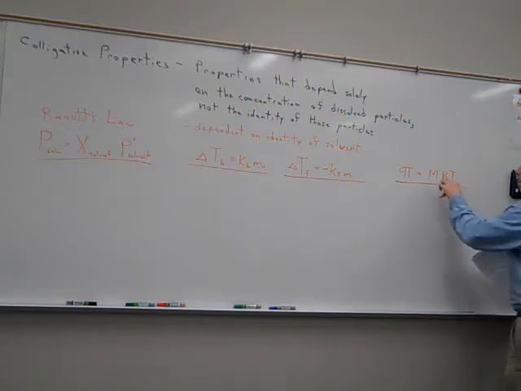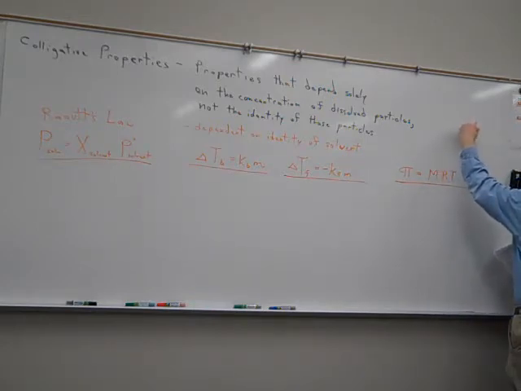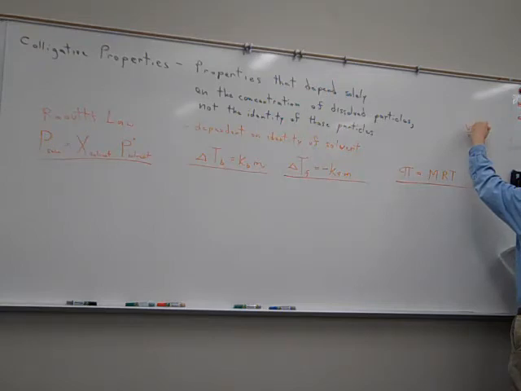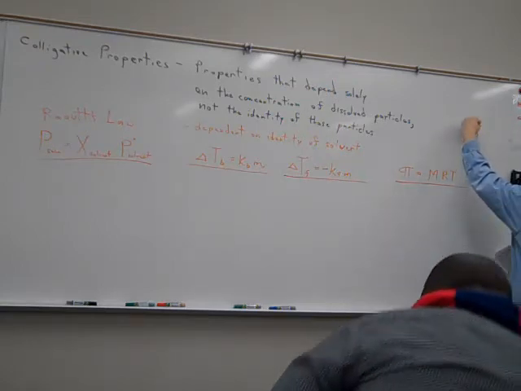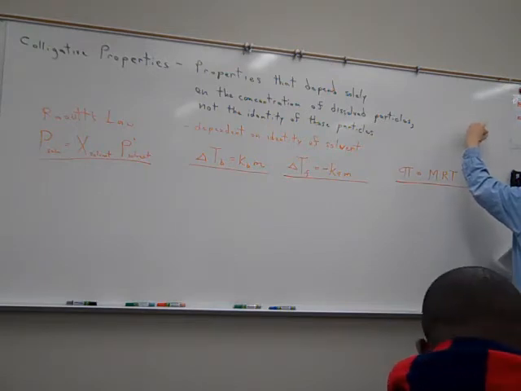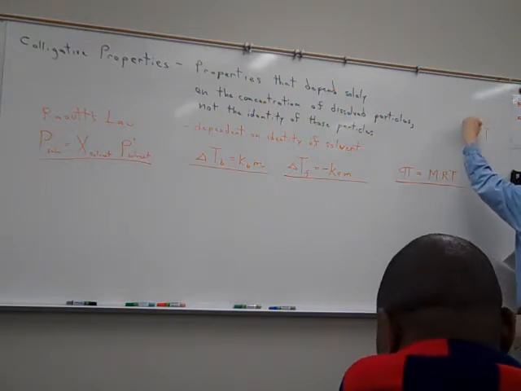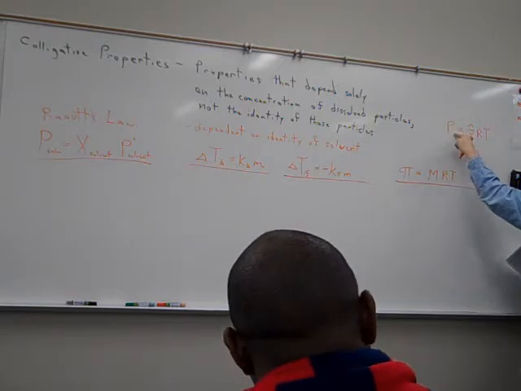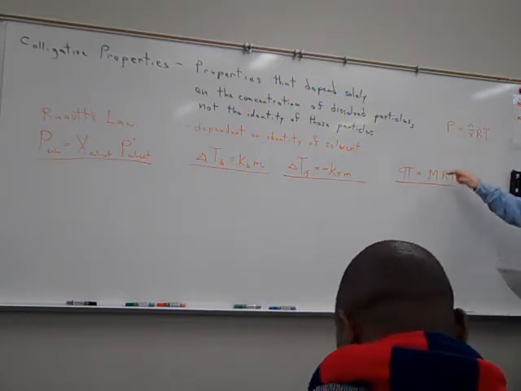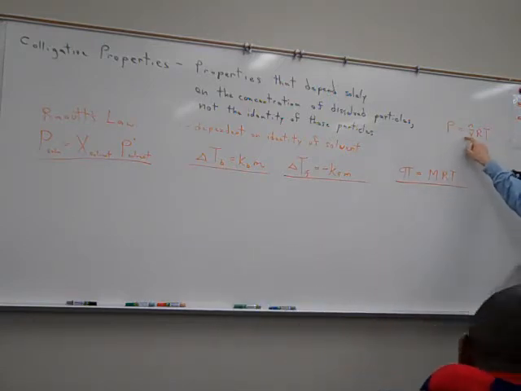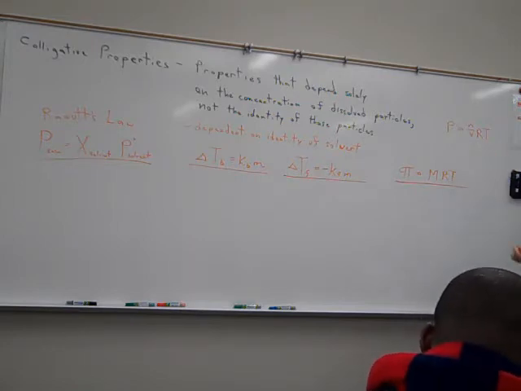Molarity is moles over liters, moles over volume. So if osmotic pressure equals MRT, it's really PV equals nRT. It's the same as the ideal gas law. It's kind of interesting.